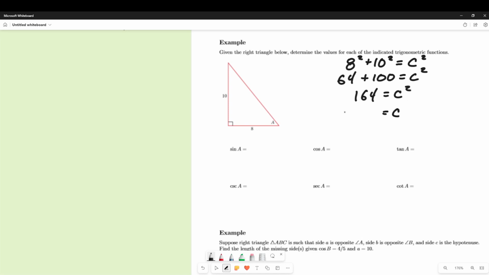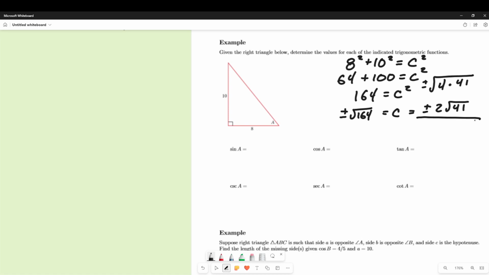So c is plus or minus the square root of 164. And I don't want to deal with a 164, that's kind of large. Can we shrink that down at all? Well, it is divisible by 4. That's 4 times, what, 41? So c is equal to plus or minus 2 times the square root of 41.